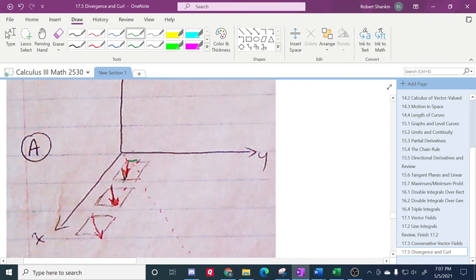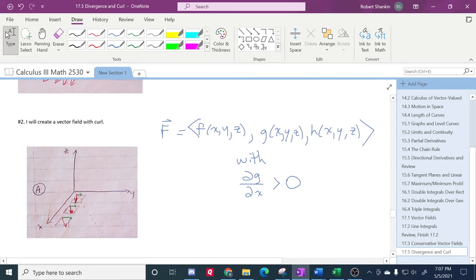The y component has to be getting larger, because that's what the g is. The g is the y components of each of these vectors. And so, if the partial of g with respect to x is greater than 0, then the y component is getting larger as we move in the positive x direction.